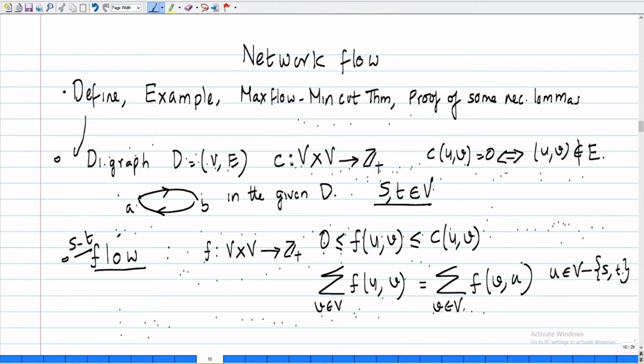If you think of your school circuits which consist of resistances and a voltage source, except at the positive and the negative terminus of the voltage source, at every other intermediate point, whatever current comes in has to go out. That's a conservation condition. So that's exactly what is stated here. Any such function is called an ST flow. Except at S and T, this conservation must be satisfied. The value of the flow cannot exceed the capacity, and it cannot be negative.